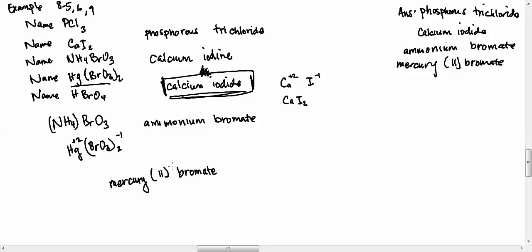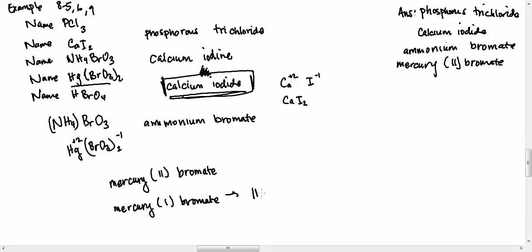If it were mercury 1, then we would write mercury and then put little parentheses with a Roman numeral 1 in the middle. Sorry, this is telling me I better wrap this thing up. Okay, so we're dealing with mercury 2 bromate. By the way, if I were to write mercury 1 bromate, that would have changed the formula of my compound.